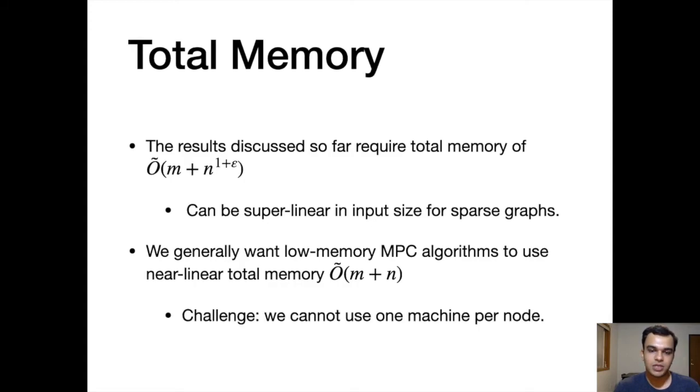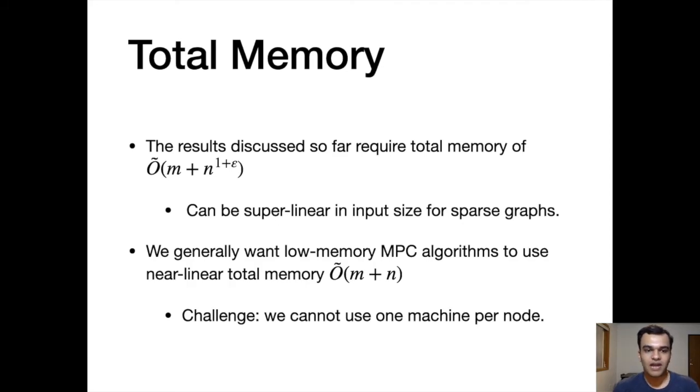A main challenge in coming up with near linear total memory algorithms is that we cannot use a single machine per node. This is what leads to the total memory usage of m plus n to the 1 plus epsilon in our simulation theorems, because we end up using one machine per vertex to gather balls around the vertex.